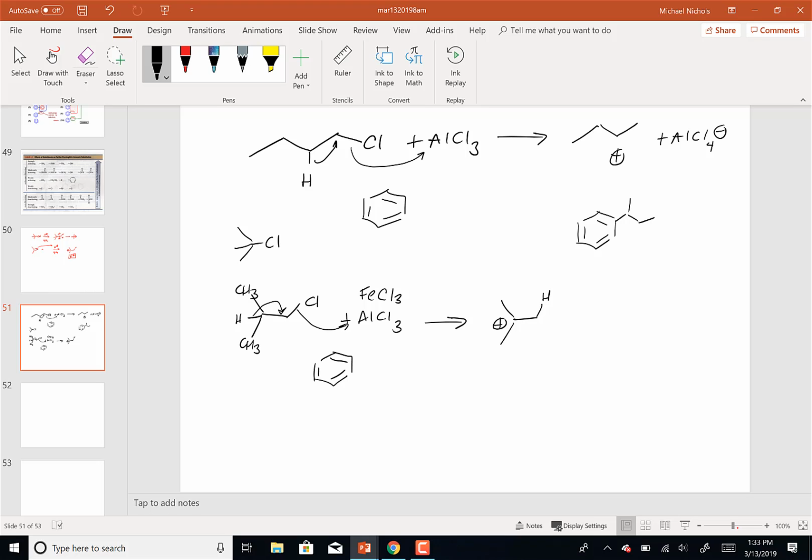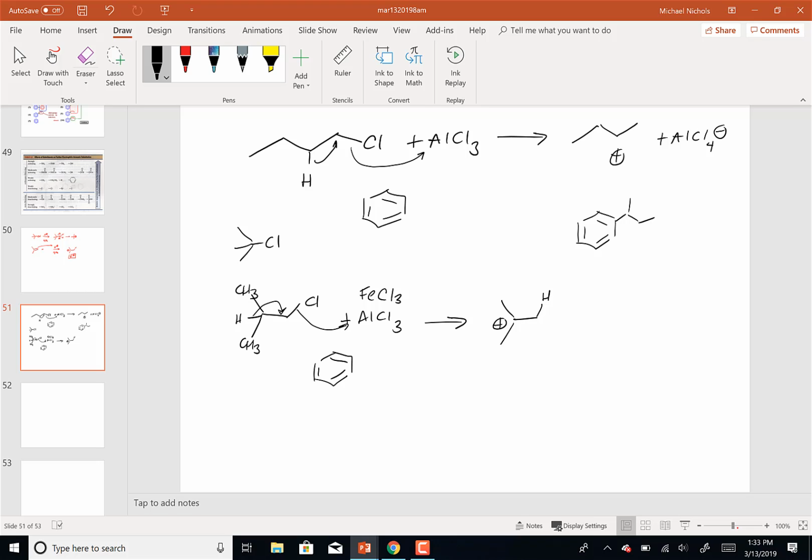So the problem with Friedel-Crafts is you can have rearrangements occur. And they're the same kind of carbocation rearrangements that we had last semester and earlier this semester. So we have to be careful.